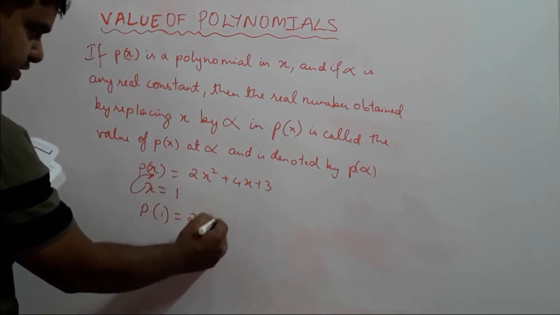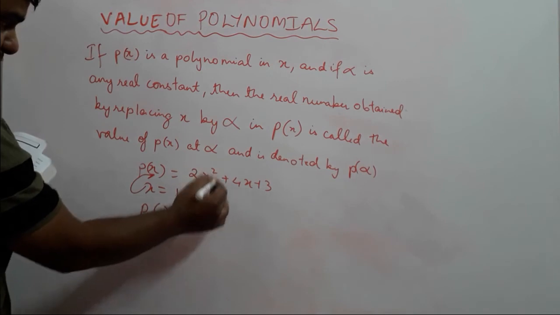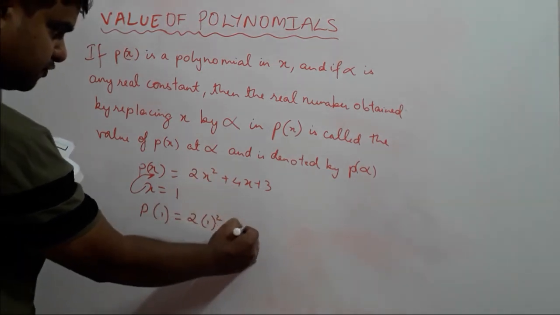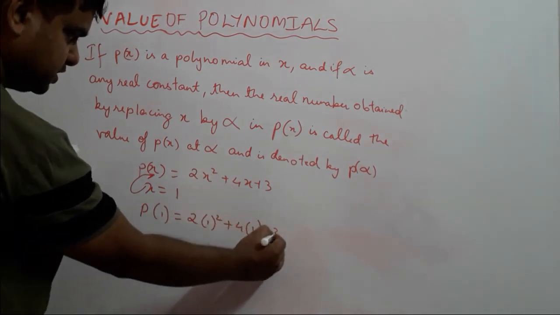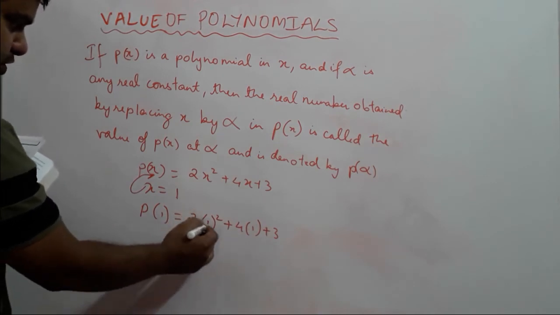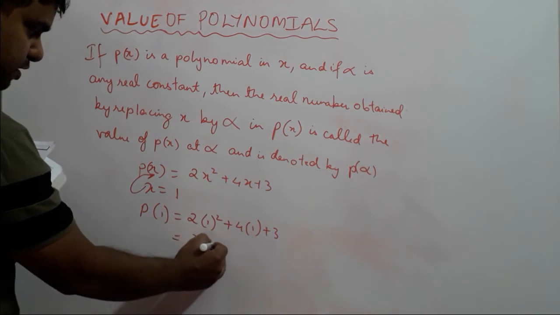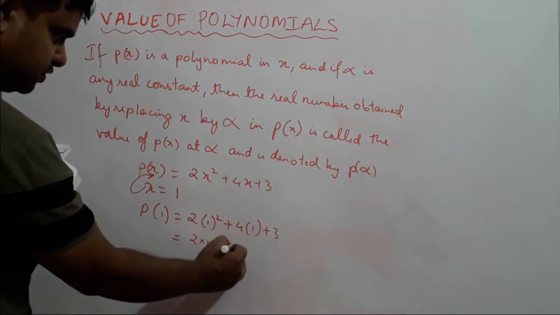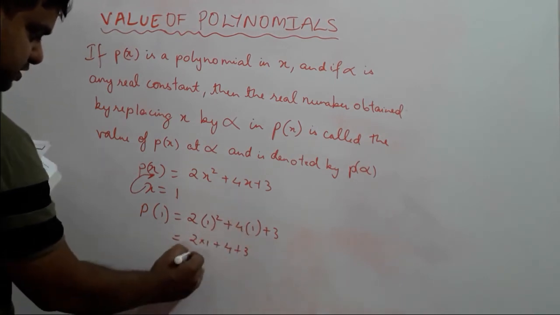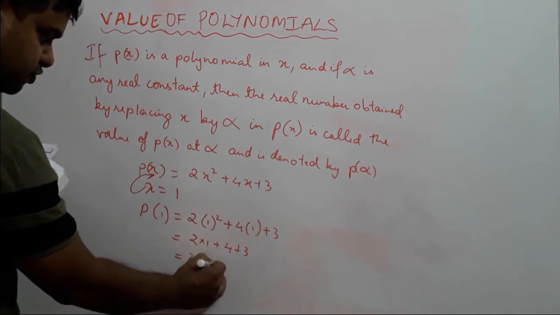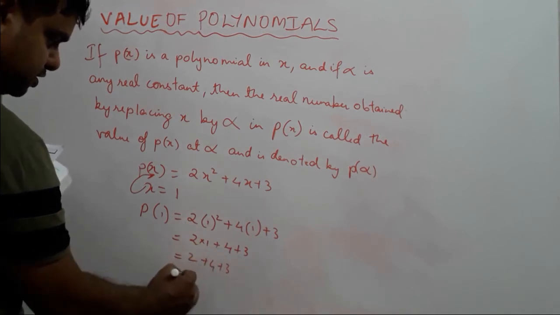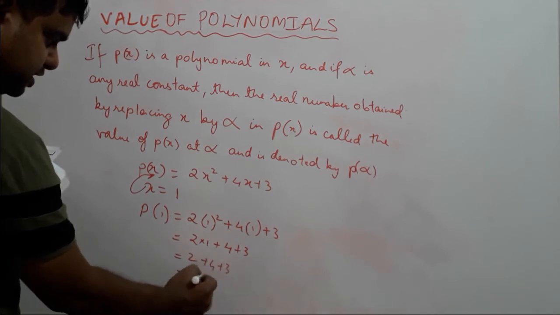So 1 square, why 1 square? Because this was x square, plus 4 into 1 plus 3. So 1 raised to whole square is 1, so 2 into 1 plus 4 into 1 is 4 plus 3. This is 2 plus 4 plus 3, which is 6, 6 plus 3, 9.